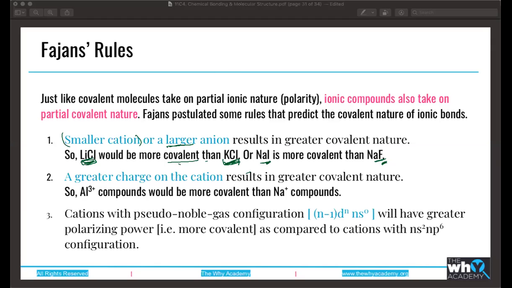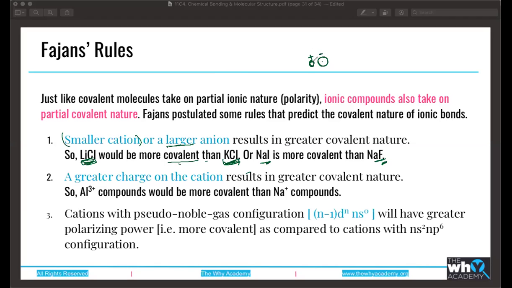Think of it this way. When it comes to a smaller cation, you have a positively charged kernel, which will be placed next to a negatively charged ion.